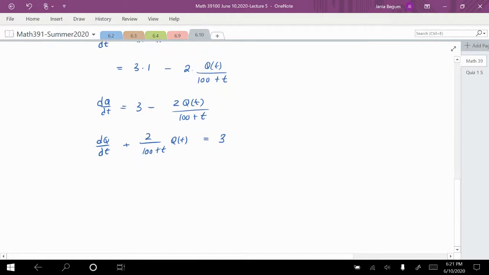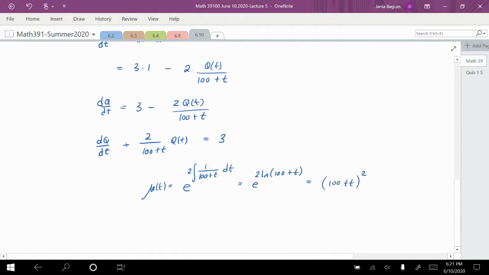So we determine the integrating factor mu. So mu of t is going to be e to the integral of, so I'm going to pull out the 2, 1 over 100 plus t dt. So this would give us e to the 2 ln of 100 plus t. And if you simplify this, this is just 100 plus t to the second power.